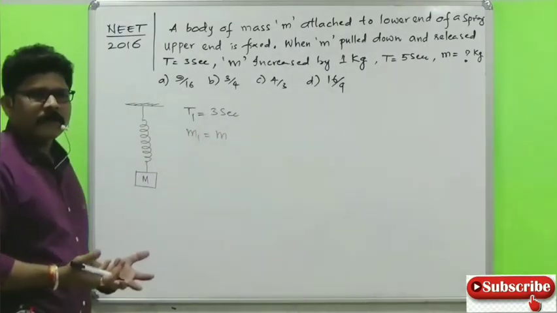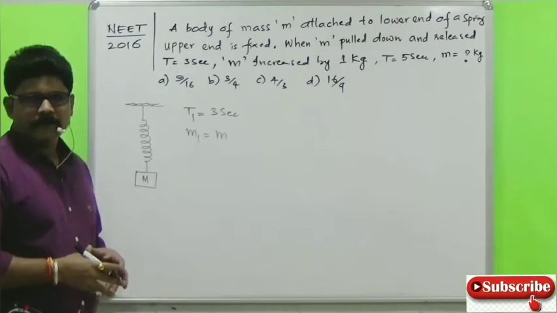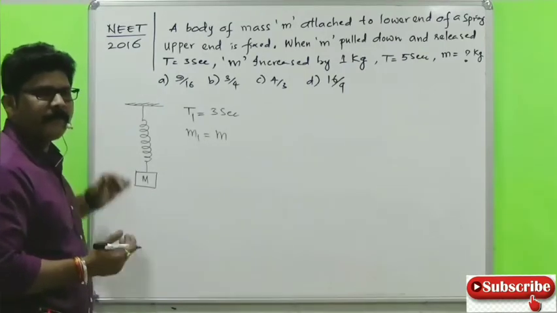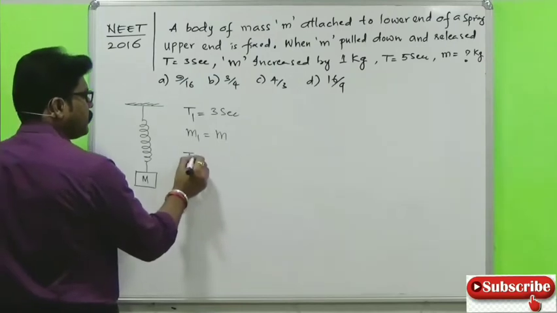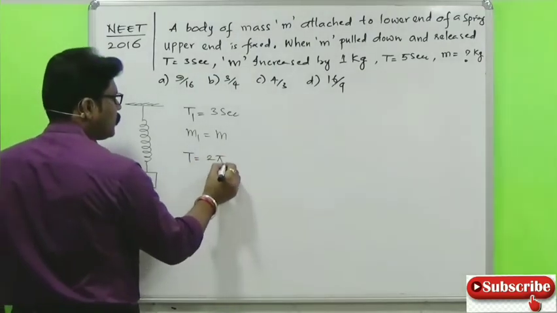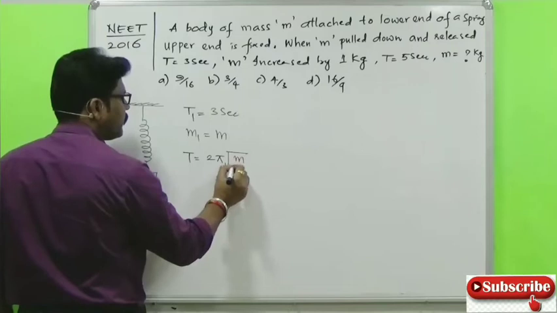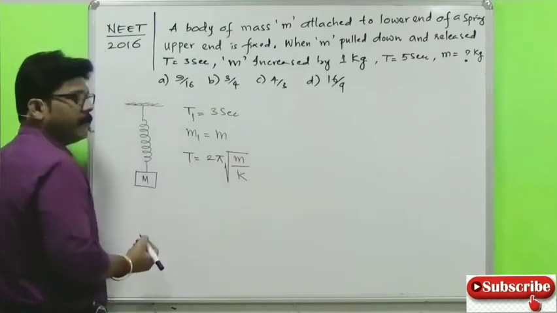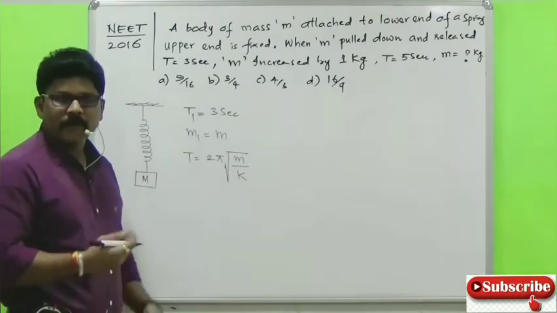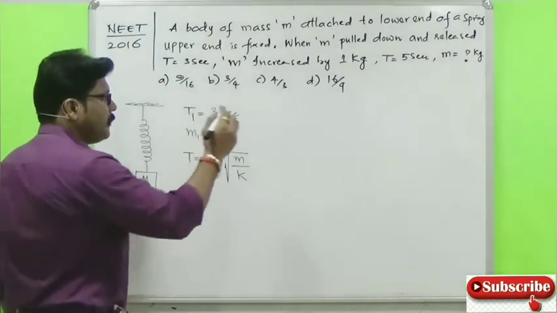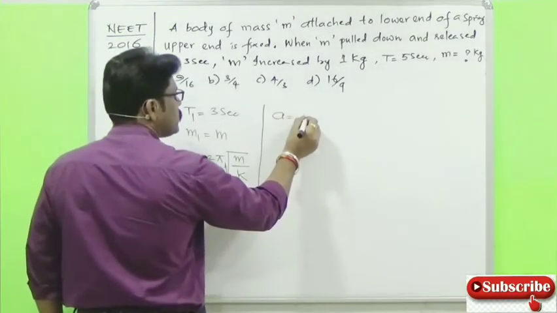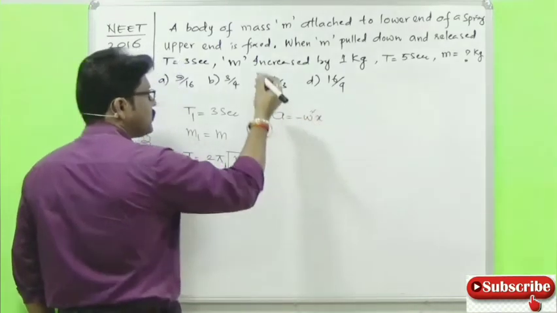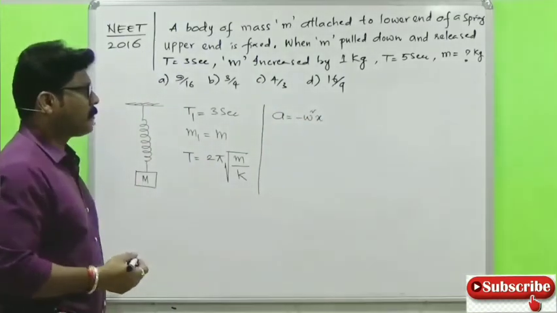Now we require the time period of an oscillating spring. The time period of an oscillating spring, we know, is T equals 2 pi under root of m by k. How can this be? Now let us say, we know that acceleration equals minus omega square into x. Just now we discussed in the previous problem.